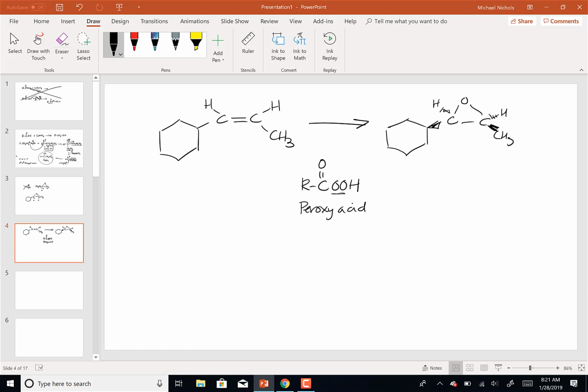I forget, what kind of reaction is that? Is it regioselective? Is it stereoselective? Is it regiospecific?